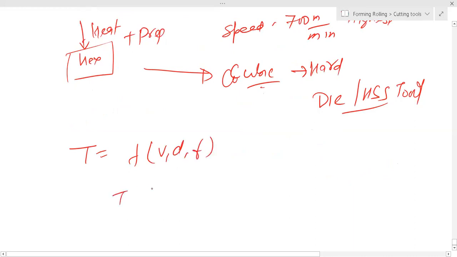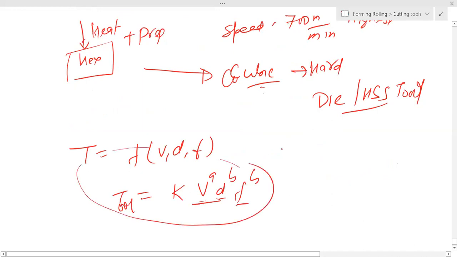So how does it depend? K or V^a, d^b, f^b. So cutting velocity, depth of cut, and feed. How is tool life defined, how does it depend on these, and the types of failure, and a lot of numerical problems we will solve.